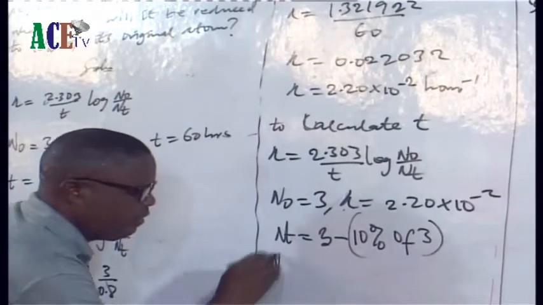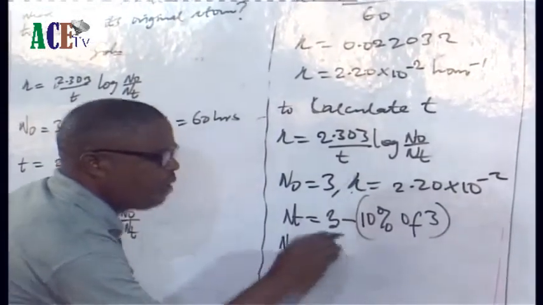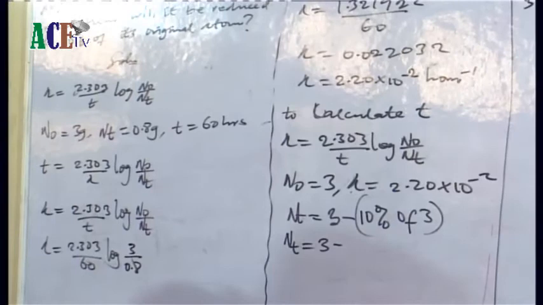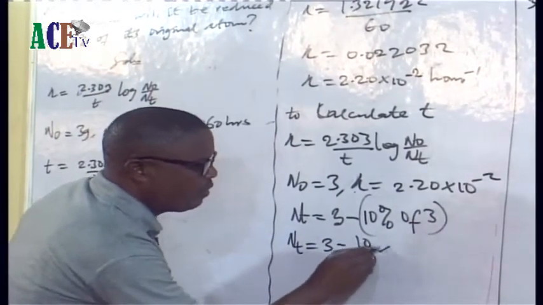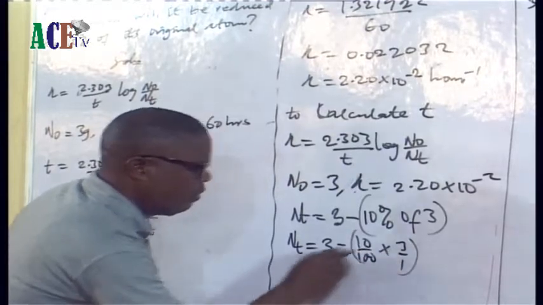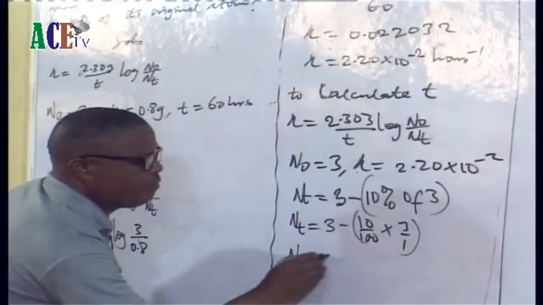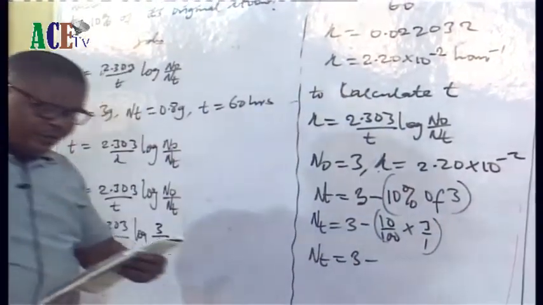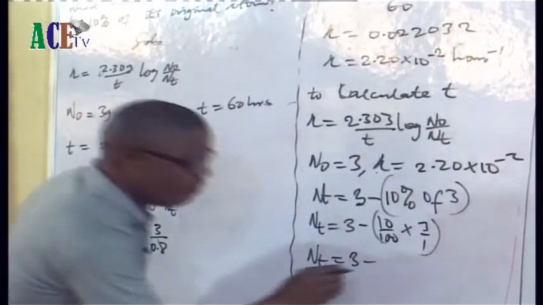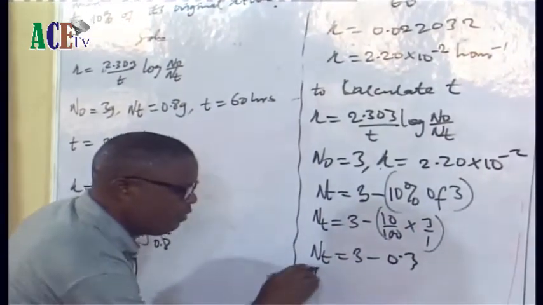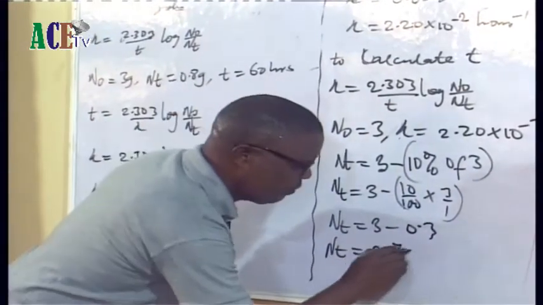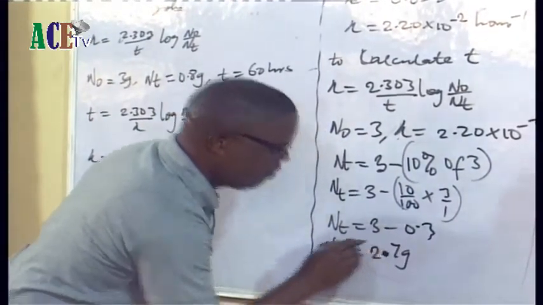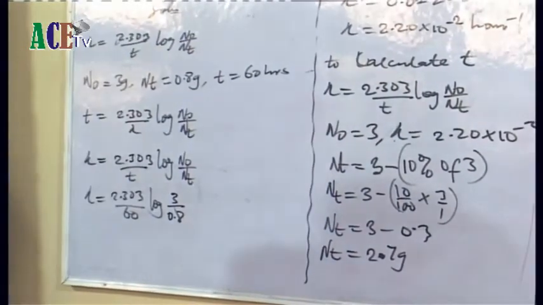What is 10% of 3? That is 10 over 100 times 3 over 1, which is 0.3. So NT is equal to 2.7 grams.